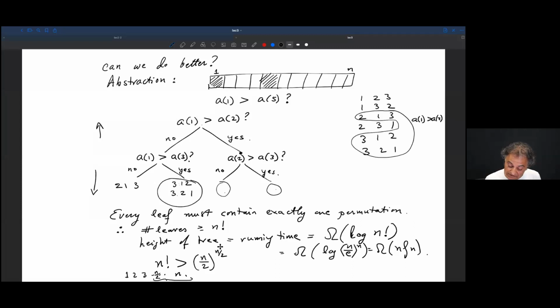So n factorial is larger than this, and therefore log of n factorial is larger than n over 2 log n over 2, which is like n log n. So this tells us we cannot do better. Okay, so shall we stop and take some questions now?